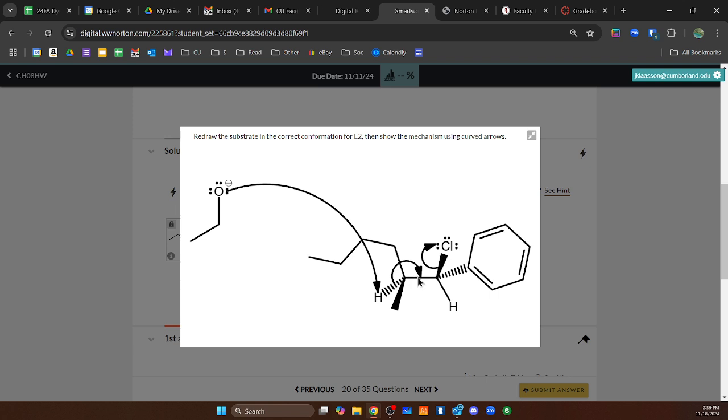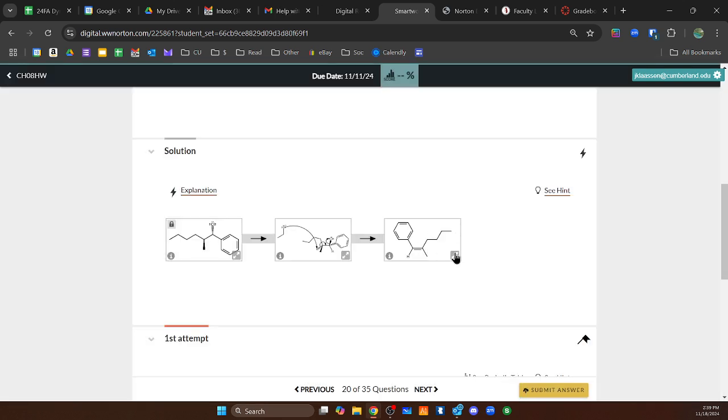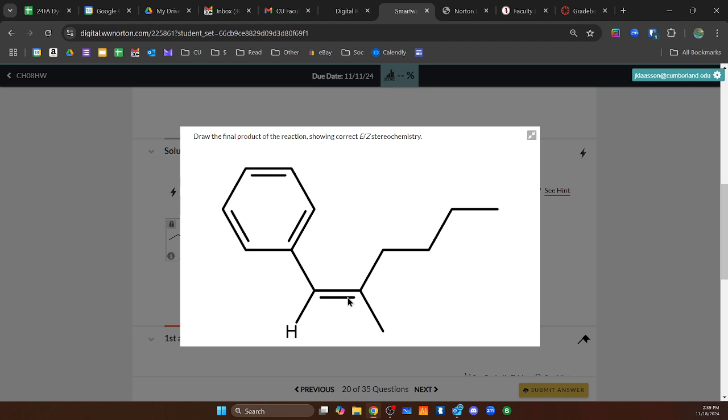The hydrogen is getting taken from away from us. So what you can notice here is this methyl right here is opposite to this group right here, the benzene ring. And so when you actually make your double bond, notice again the methyl and the benzene ring have to be opposite to each other, because that's actually the orientation in your mechanism reaction. That's what causes that.